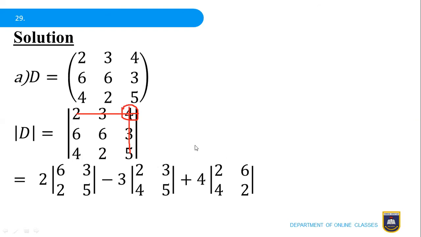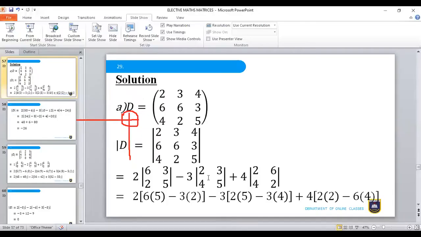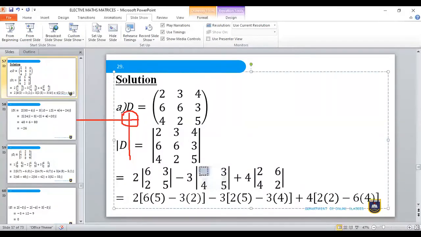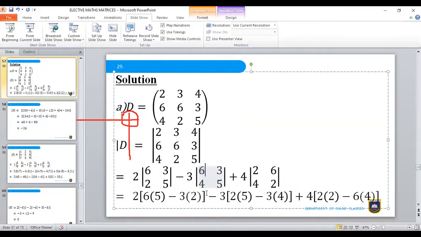Yes, Theophilus. Negative 54. Okay, that's your answer.